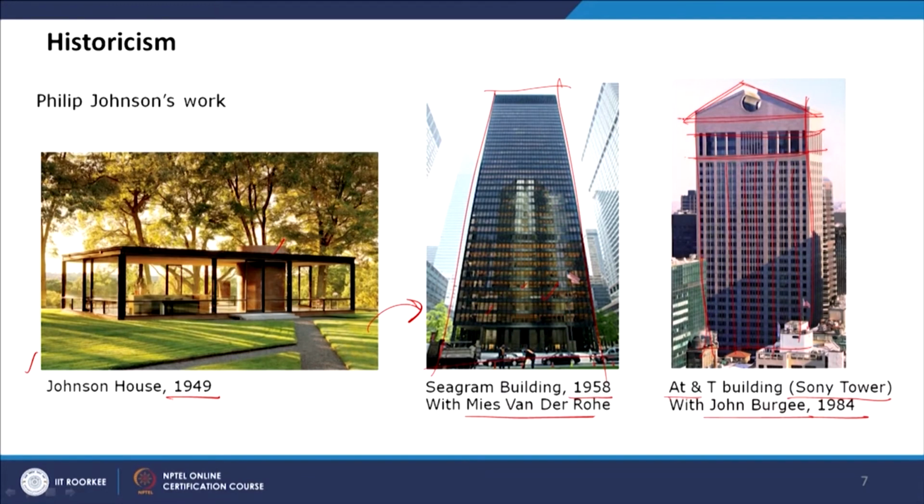So this is absolutely a postmodern building and falls under historicism. So there's a transition in his work: his work is there in the modernist movement, and also in the postmodernist movement.